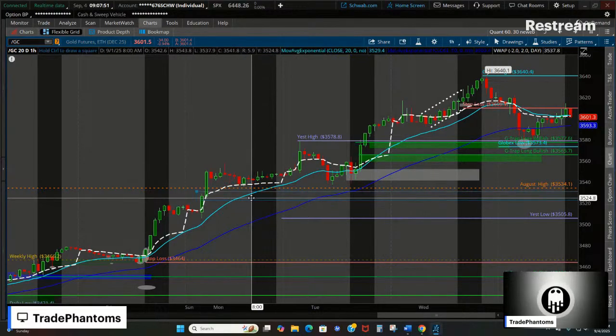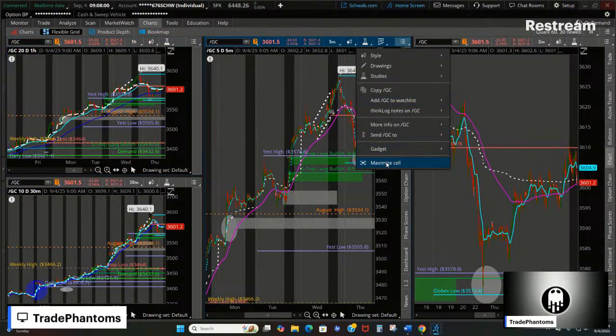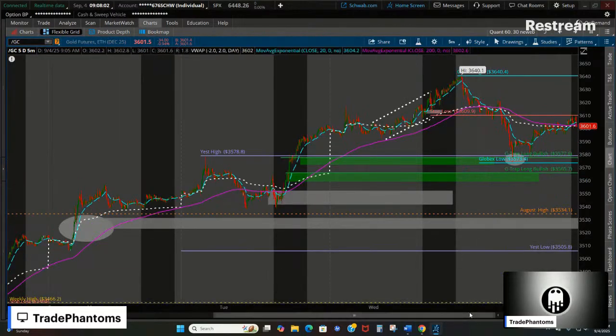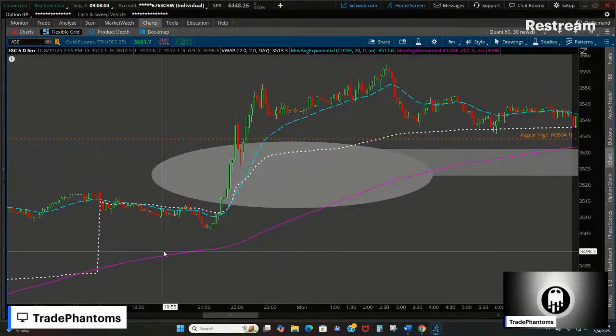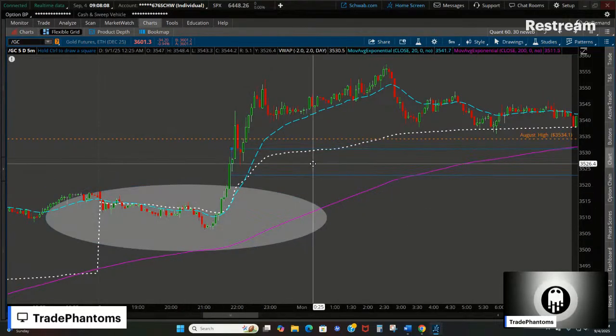So if I go down and investigate this area right in here, I want to see that impulse, basing impulse. On a small time frame, if I zoom in, not the greatest, but we have something right here.